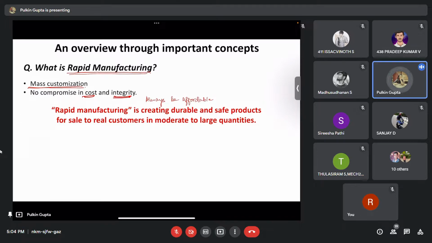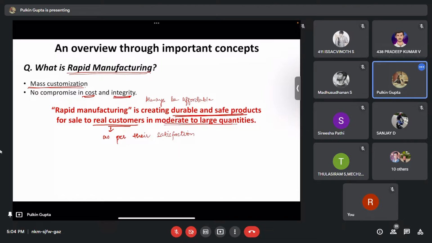So to summarize, rapid manufacturing is actually creating durable and safe products for sale to real customers as per their needs, as per their satisfactions, in moderate to large quantities.